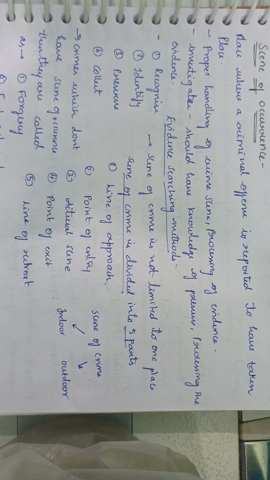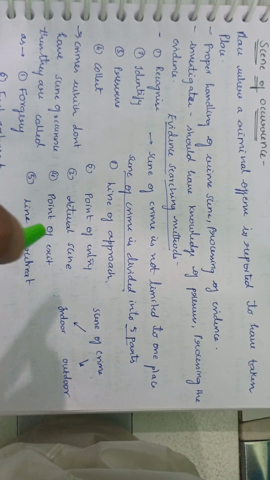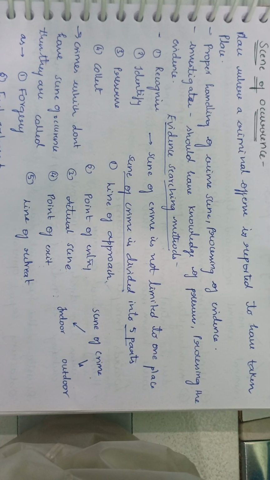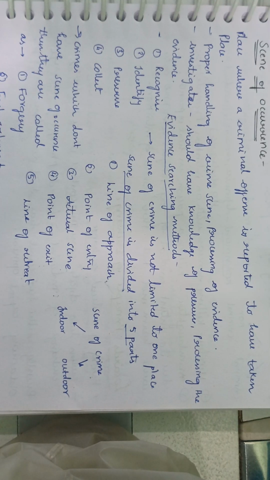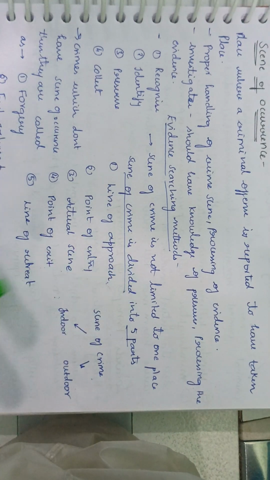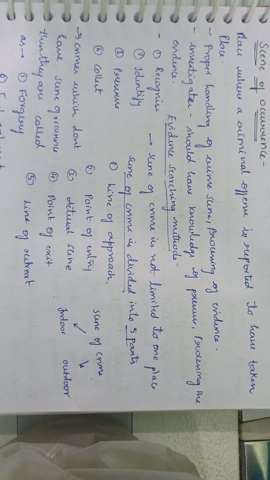The crime has taken place somewhere else, and the killer has brought that body to this place. So the place which you are investigating right now is a secondary crime scene. The primary crime scene will be the place where the crime was actually committed. So the scene of crime is not limited to one place. It can extend to one or more places.